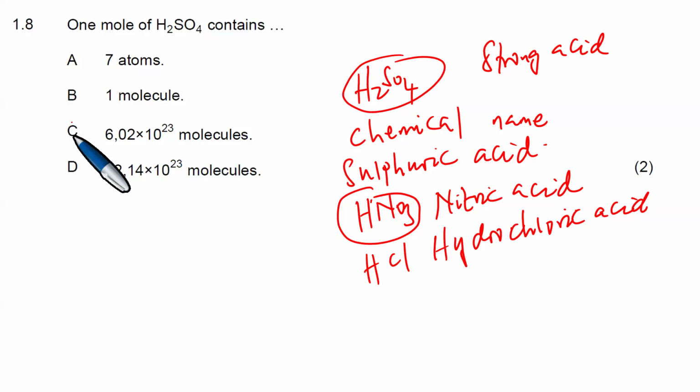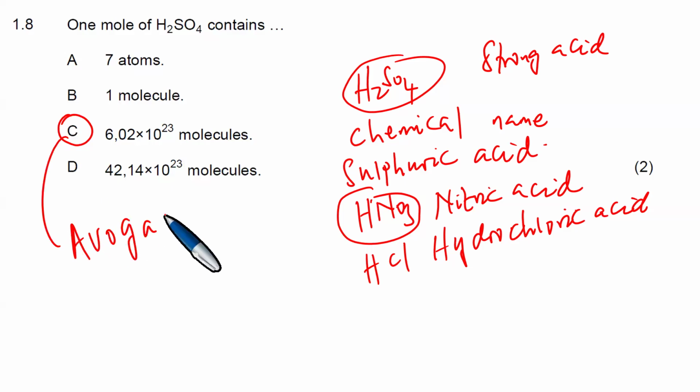It is exactly what you call Avogadro's number. So 1 mole will therefore contain Avogadro's number. This number is a specific number, and it is called Avogadro's number.